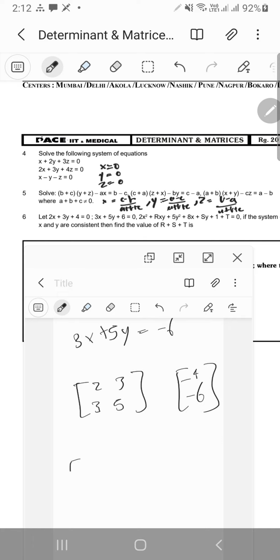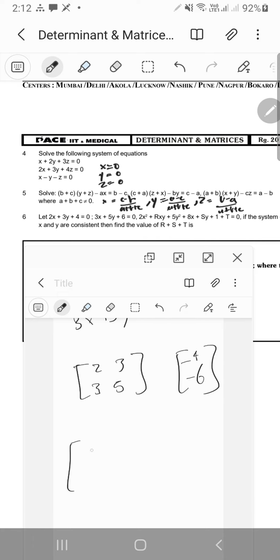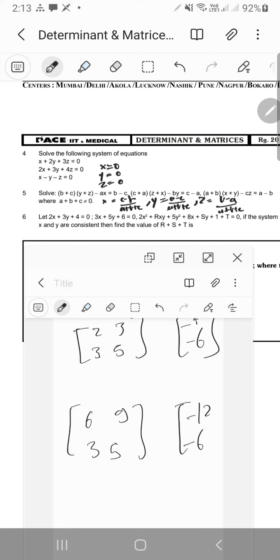I'll just multiply this thing by 3, so it will just be 6 and 9, and this will be minus 12 minus 6 3 5.